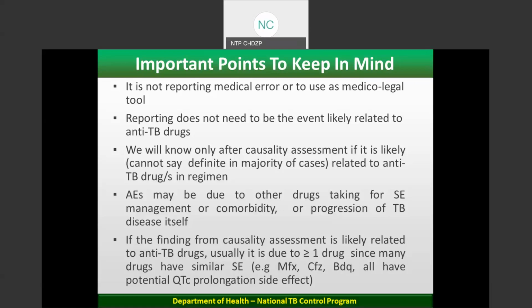Adverse events may be due to other drugs taking for SE management or comorbidity or progression of TB disease itself. Also, keep in mind that if the finding from causality assessment is likely related to anti-TB drugs, usually it is due to at least one drug, since many drugs have similar side effects. Okay.